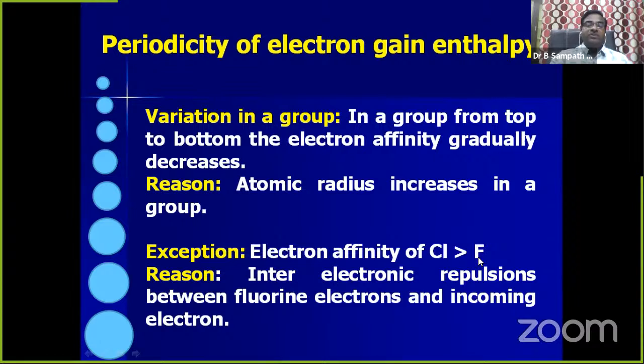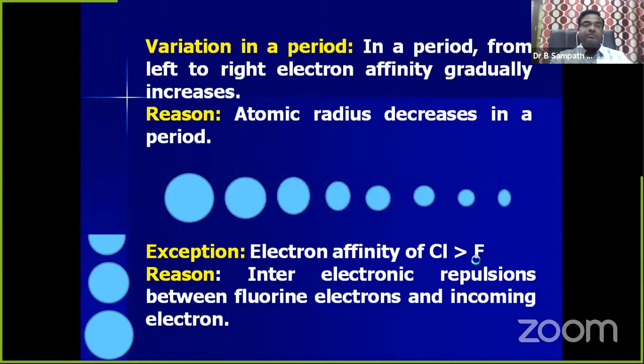That is why the electron gain enthalpy or EA value of fluorine is less than chlorine. Very important, children. Many times in various entrance exams, this is asked: why chlorine has greater electron gain enthalpy than fluorine.